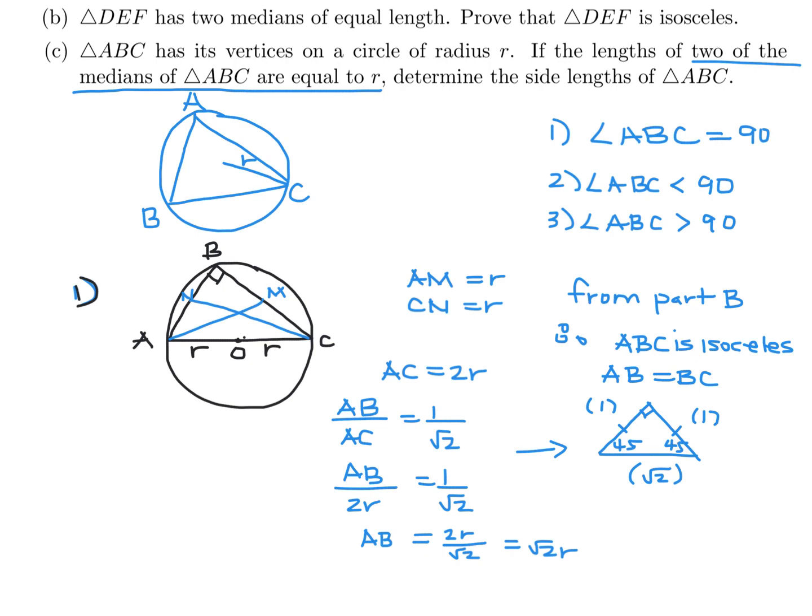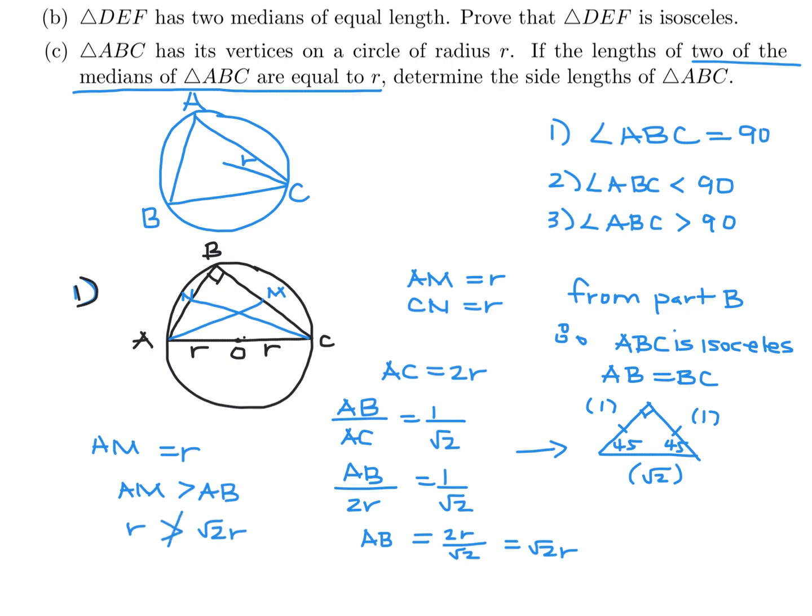But I think this is a contradiction because the median AM is equal to r, right? And because it's a median, AM has to be greater than AB, if you look at the diagram. But what we got was that AM is r, and AB is root 2 r, and root 2 r is not less than r.